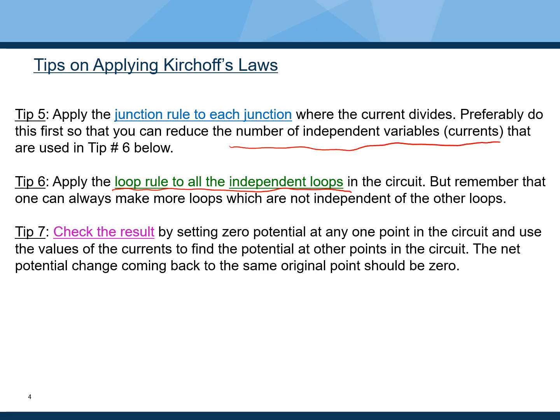So it might actually help to draw one figure with the given directions of currents that are given on the test, and draw another figure with the exact directions of the current according to what you got as an output from the solution of your linear system in tip number 6. That might be a good idea, to do a little extra work but be absolutely extra sure. So with that, let's dive in.